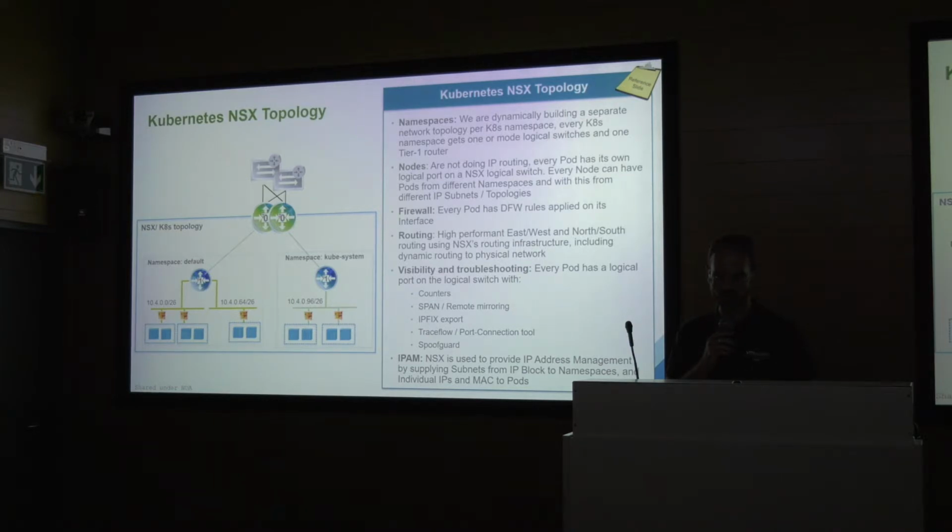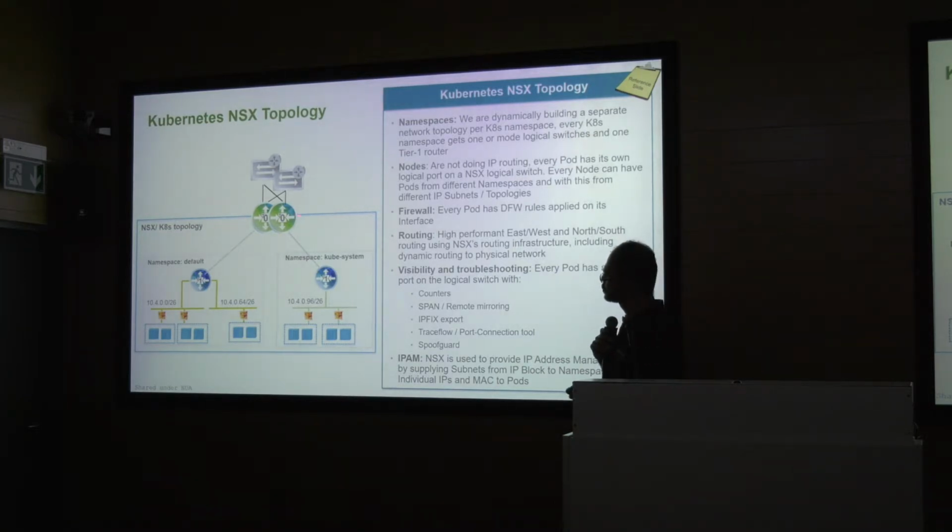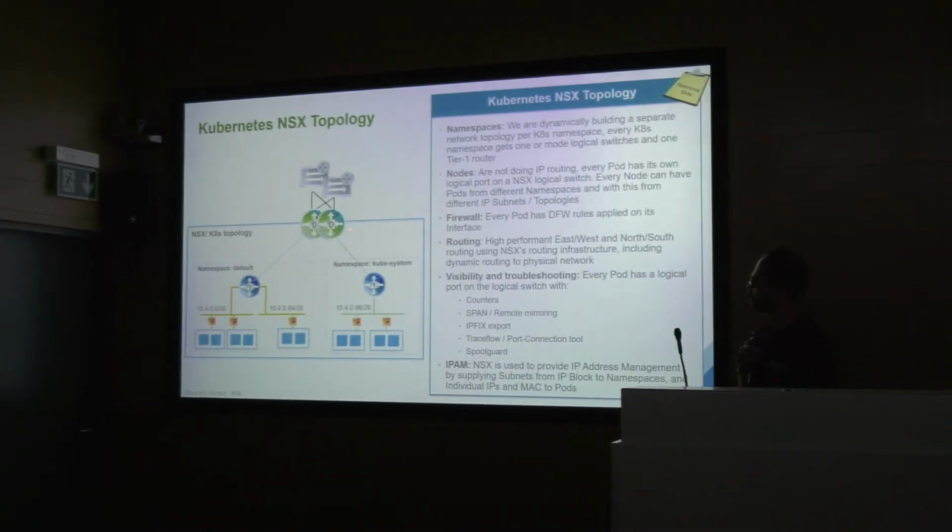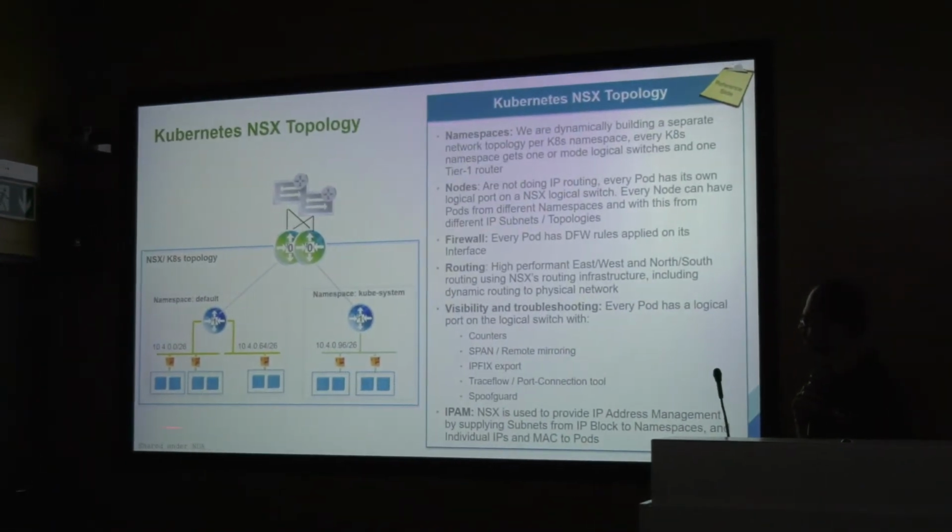This is not only for regular virtual machines, but with the recent release, we also added support for Kubernetes networking, so implementation of a CNI plugin. Our approach exactly addresses routing.